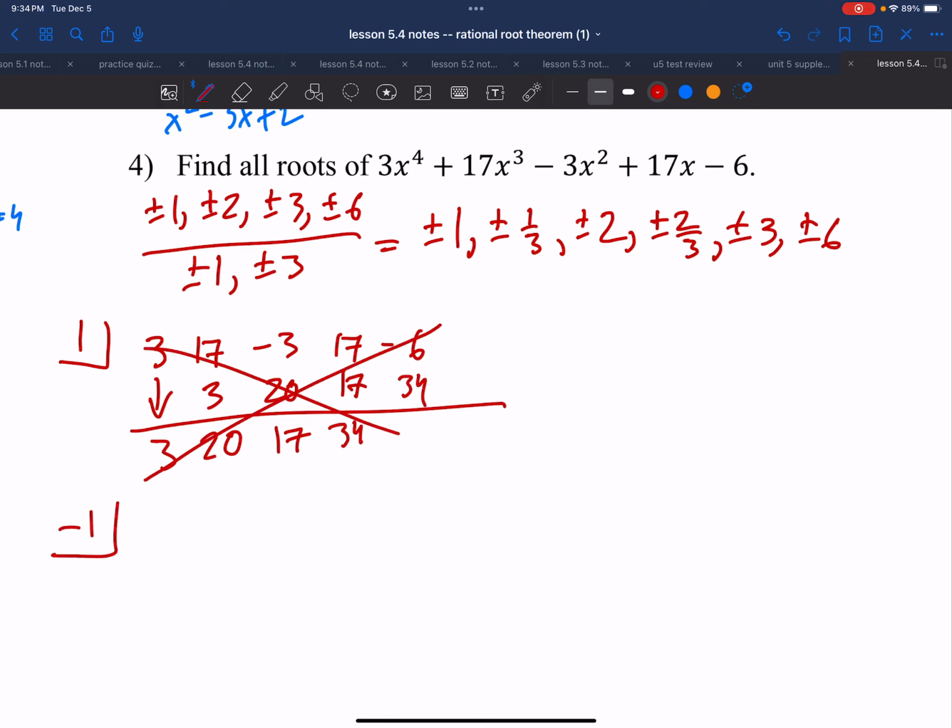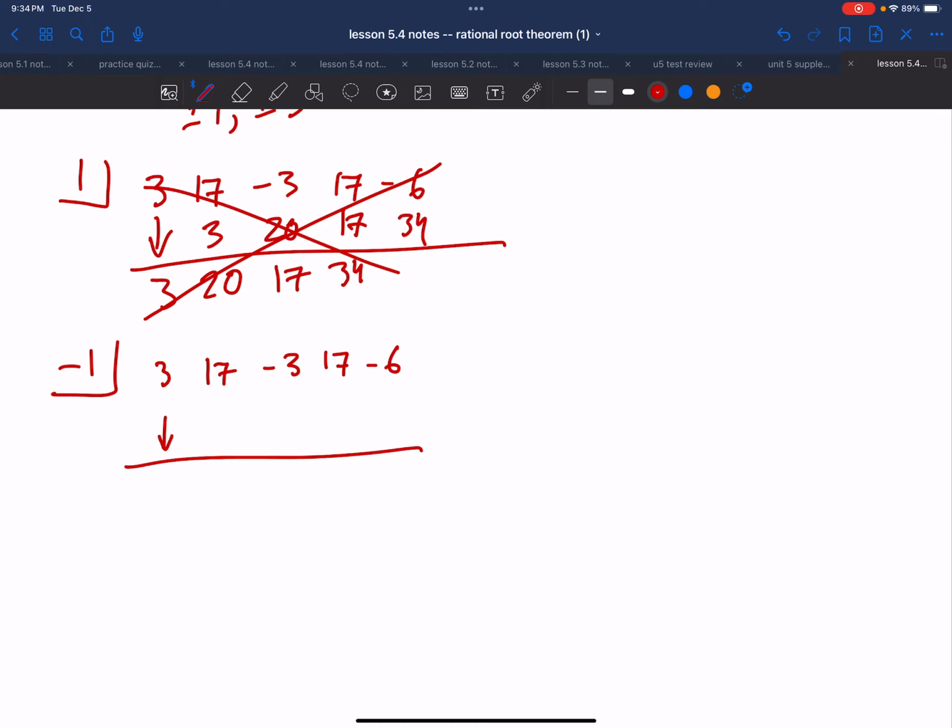Let's try negative 1. 3, 17, 3, 17, negative 6. So drop the 3. 3 times negative 1 is negative 3, negative 14, that's negative 17. But that's positive. That's 34. Nope. That did not work either.